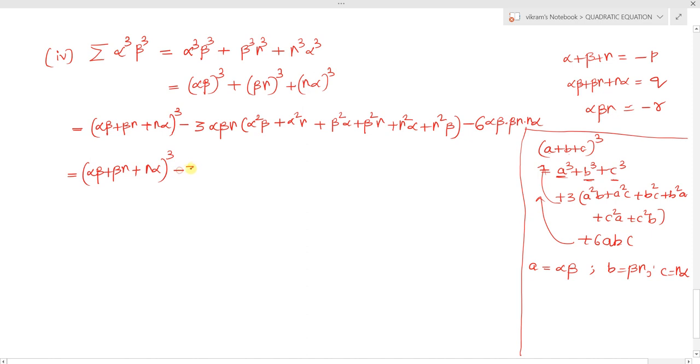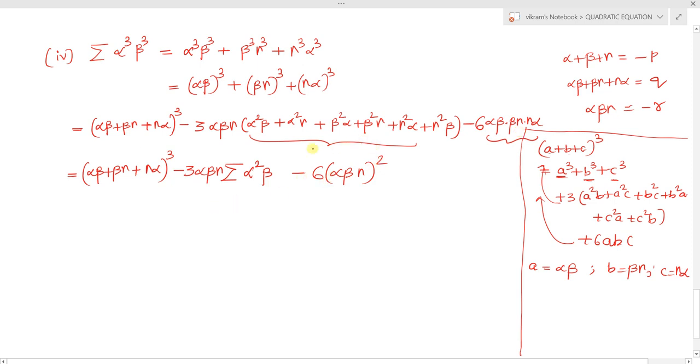Right. The simplification can be written in this manner as (alpha beta plus beta gamma plus gamma alpha) whole cube minus 3 times of alpha beta gamma into summation of alpha square beta, minus 6 times of (alpha beta gamma) whole square, which can be written as alpha square beta square gamma square.